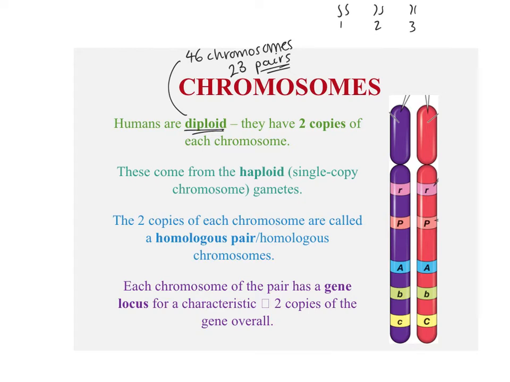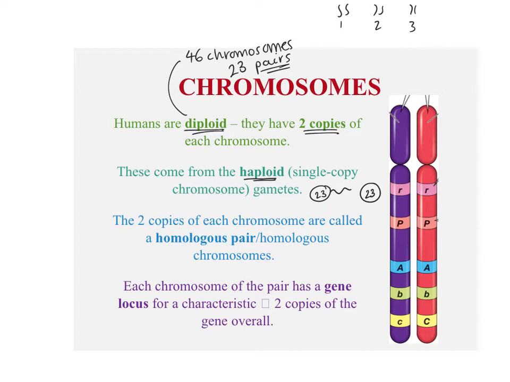Those pictures of those chromosomes, the diploid means that there's 2 copies of each chromosome. We get that diploid genotype from 2 haploid or half copy gametes. So you know that a sperm has 23 chromosomes in it, and an egg also has 23. Even if you don't do maths A level, you should be able to do 23 plus 23 and it gives you 46, which is what we've got in those cells.